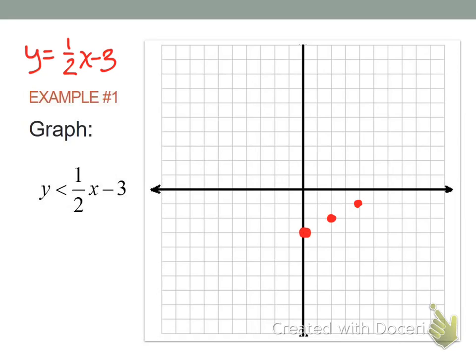Now, on these ones, I'm going to make more points because I don't think I have an option to make a dashed line. Up 1, right 2. On these ones, it's going to be extra important that you go through the entire graph, because we're going to end up shading.